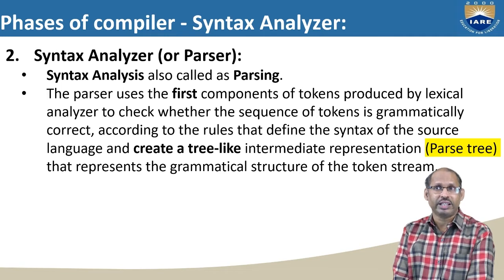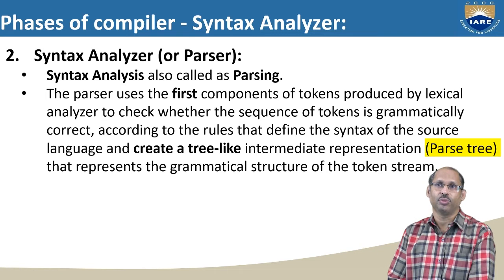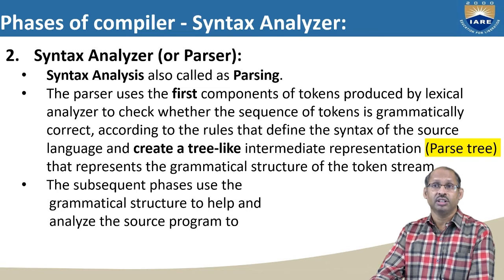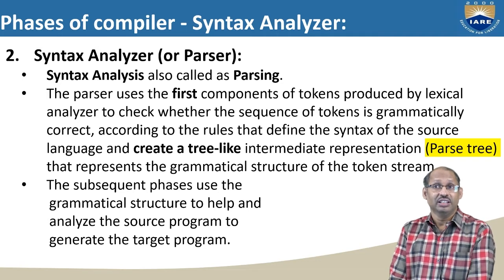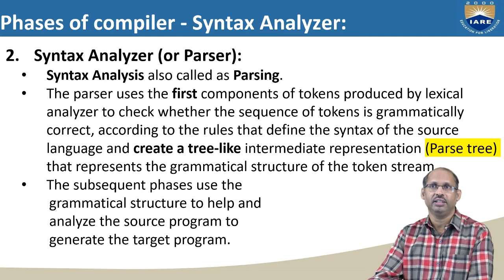The sequence of tokens is grouped into a tree structure called syntax trees or parse trees, according to the syntax rules of the programming language, right? So the remaining phases of a compiler will use this tree structure, parse trees or syntax trees, and convert it into other forms of the source program to generate the final target program, right?